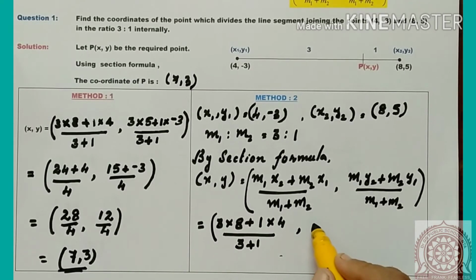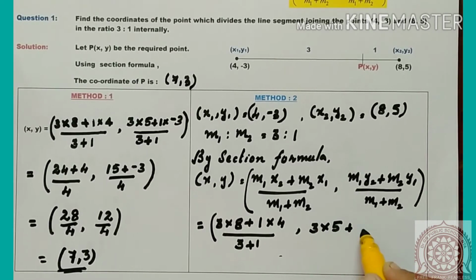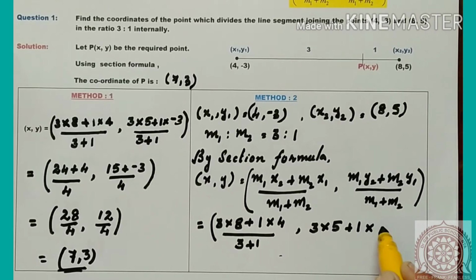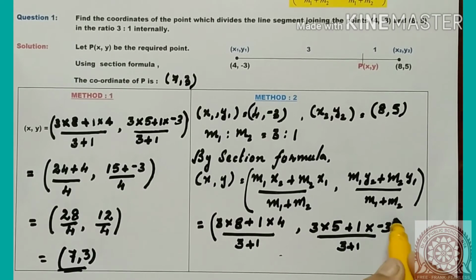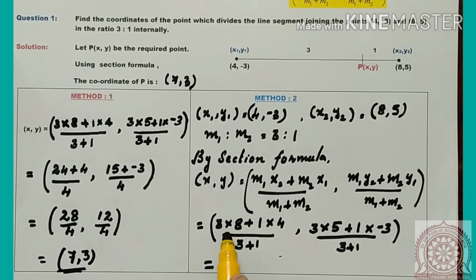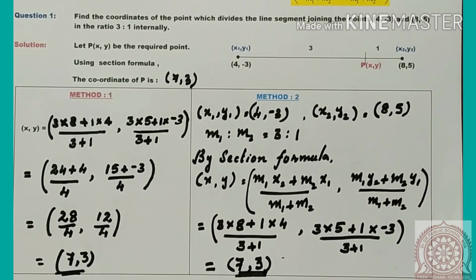Then again m1 3 into y2 is 5 plus m2 is 1 into y1 is minus 3 divided by m1 plus m2 is 3 plus 1. There also you will get the answer. 8 into 3 is 24 plus 4 is 28. 28 by 4 is 7 and 15 minus 3 is 12, 12 by 4 is 3, that is the answer. Anyway, both answers will be the same. Whichever method is easy for you, you can adopt that.